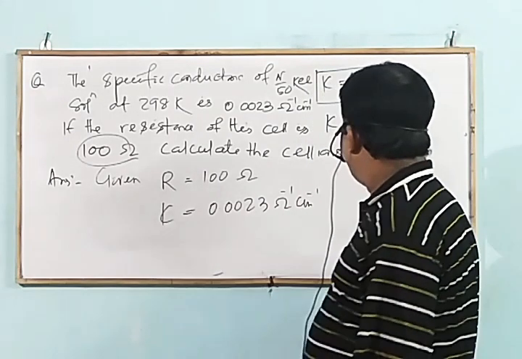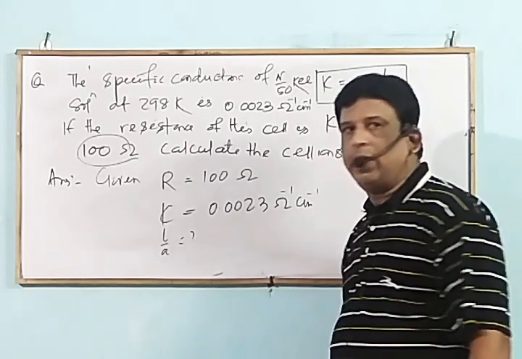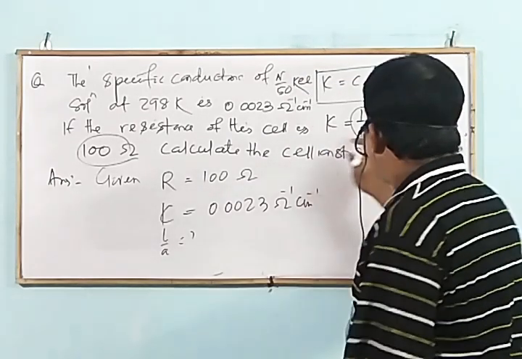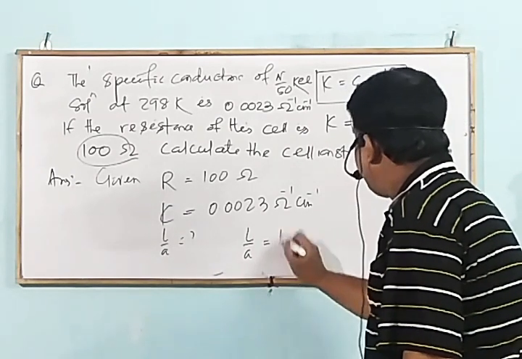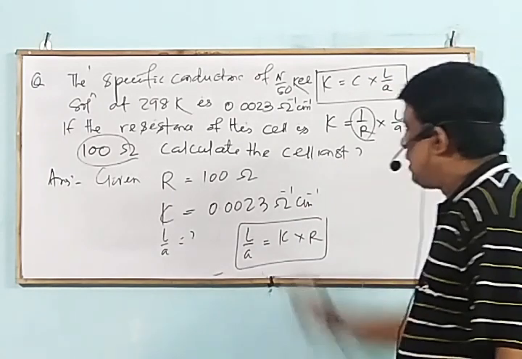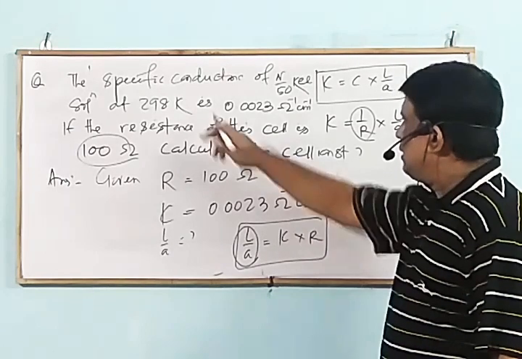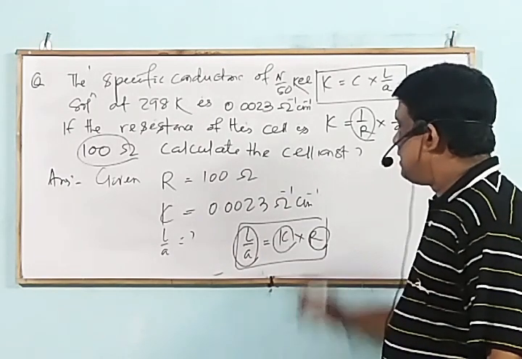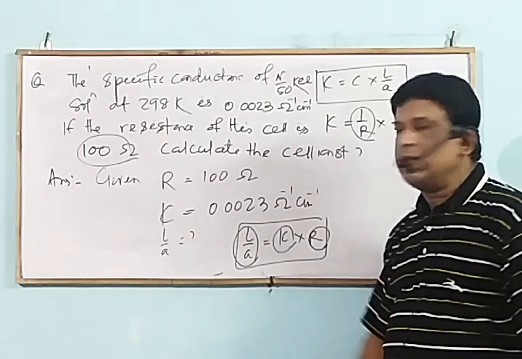These two data are given. The question is to calculate the cell constant L by A. If we apply this formula, cell constant L by A is equal to kappa into R. The value of kappa is given, the value of resistance is given. If we multiply these values, the answer is the cell constant.